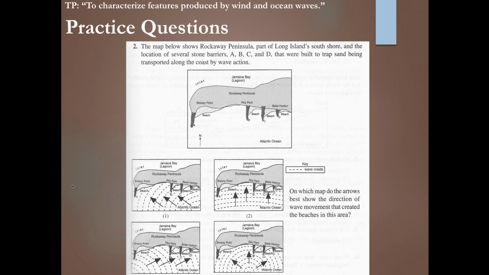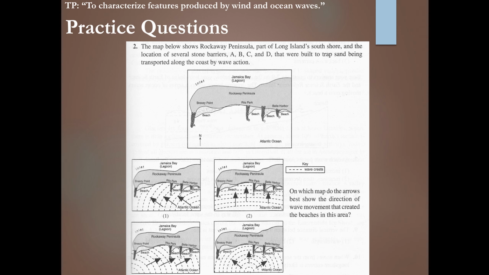Alright, last question. Deals with oceans. The map below shows Rockaway Peninsula as part of Long Island South Shore, and that's a barrier island, and the location of several stone barriers, A, B, C, and D, that were built to trap sand being transported along the coast by wave action. Now, these barriers are called groins.